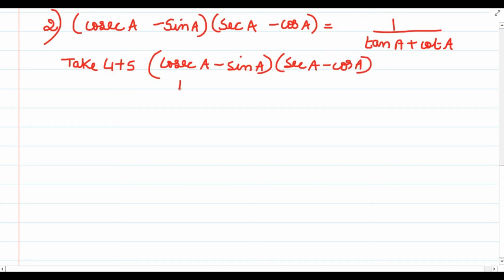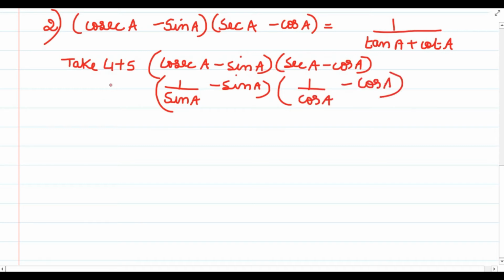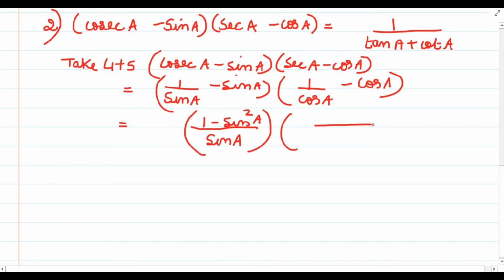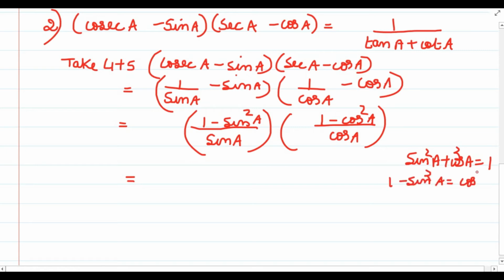I know that cosec A I can write as 1 by sin A minus sin A, and sec A I can write as 1 by cos A minus cos A. So which is equal to, the LCM is sin A, so I can write 1 minus sin square A divided by sin A. In the same way here the LCM is cos A, and I can write 1 minus cos square A. And by the identity we know that sin square A plus cos square A equal to 1, or 1 minus sin square A equal to cos square A.